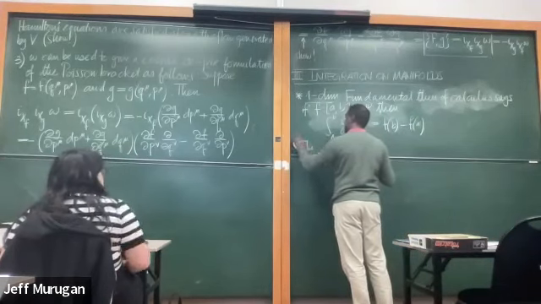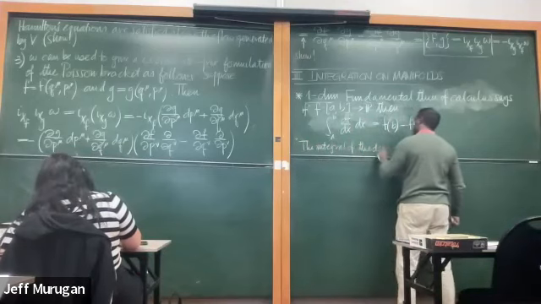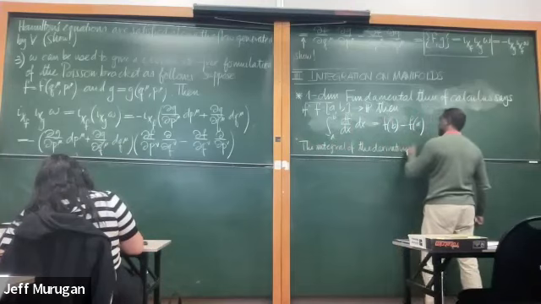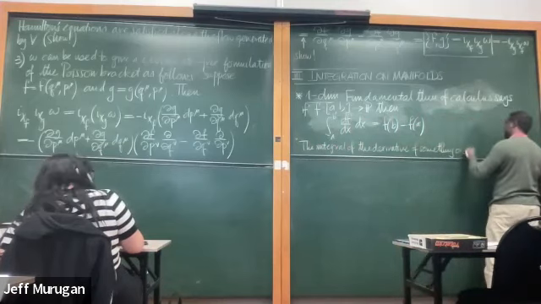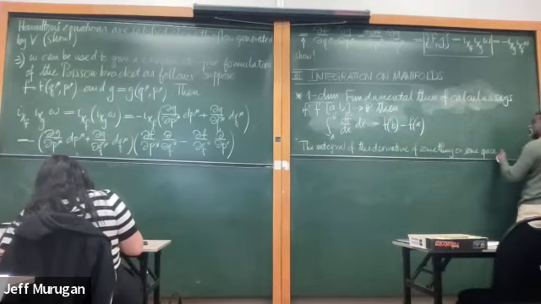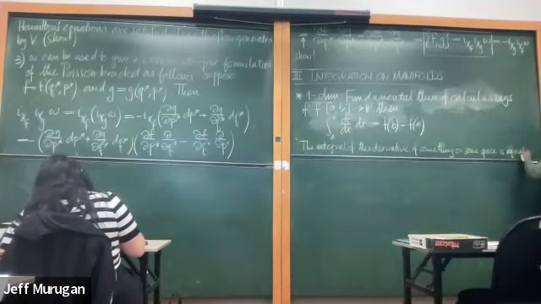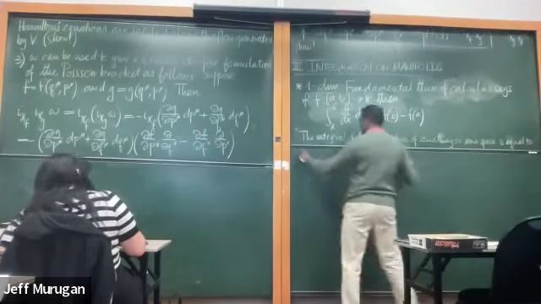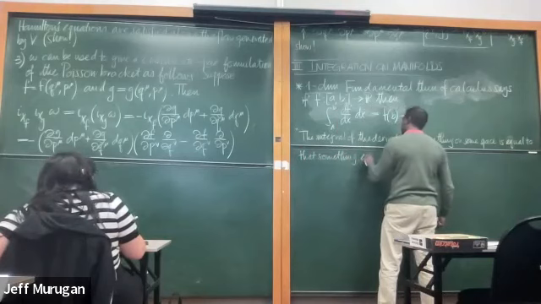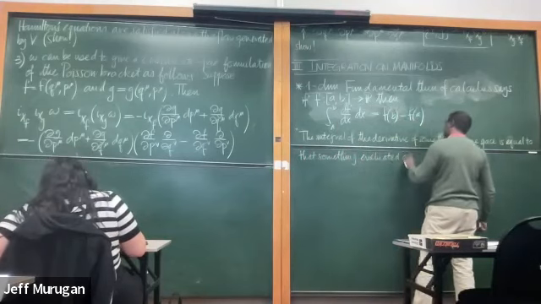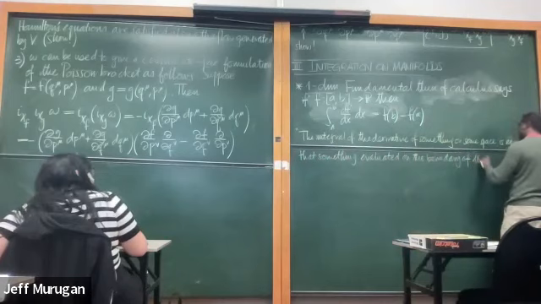The integral of the derivative of something on some space is equal to that something evaluated on the boundary of the space.